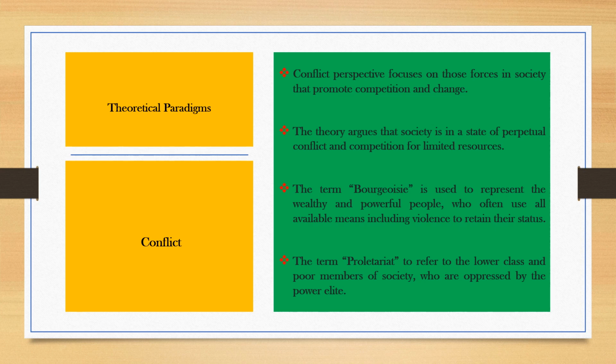So everything that happens in society, if we use this paradigm, we need to interpret in terms of competition and change. And it is competition between two diametrically opposed groups, the bourgeoisie, or the wealthy, or the haves, and the proletariat, who are the poor and the have-nots.